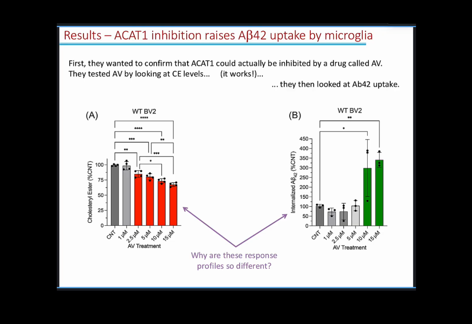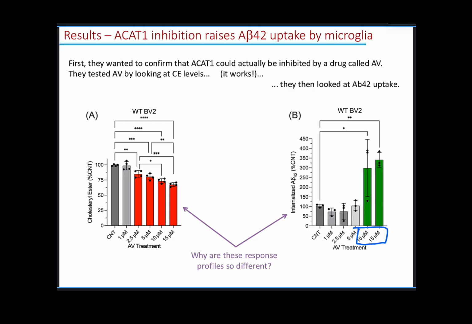And how that depends on ACAT1 function. So they subject the same cells to the same treatment, but this time they look for internalization of A beta 42 peptides, the really toxic A beta peptides, added to the media, right? And they see that it's only at 10 and 15 micromolar that there is a significant increase in uptake of the peptide.